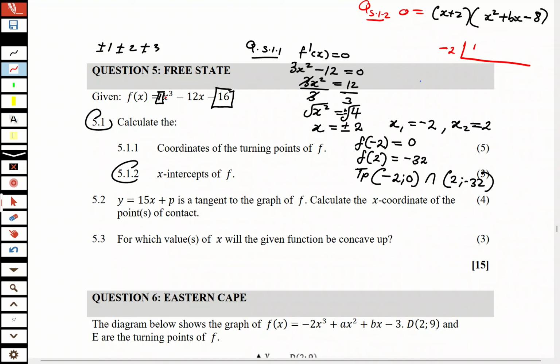You just take the coefficients of this, the negative 12, those are the coefficients, and then 0 like that. So remember, it's supposed to be 1. Since you don't have the x squared, it means it is 0x squared. So the coefficient there is 0, followed by minus 12, followed by negative 16. So this is 1, 0, negative 12, minus 16.